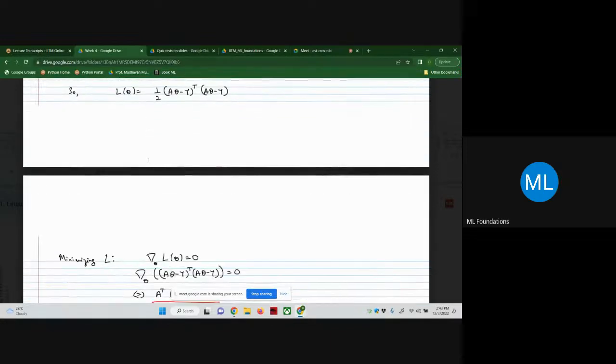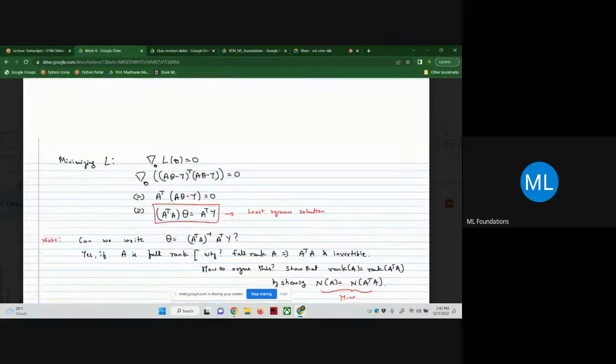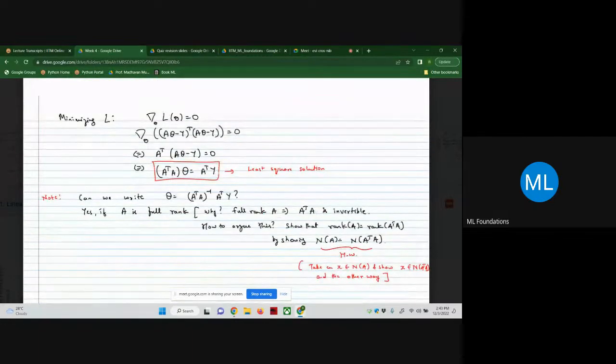In order to minimize it, the differentiation should be equal to 0. If you do the differentiation, you get the same thing as before. If you remember, we had A transpose A x equals A transpose b. In place of x we are using theta, and in place of b we have y.